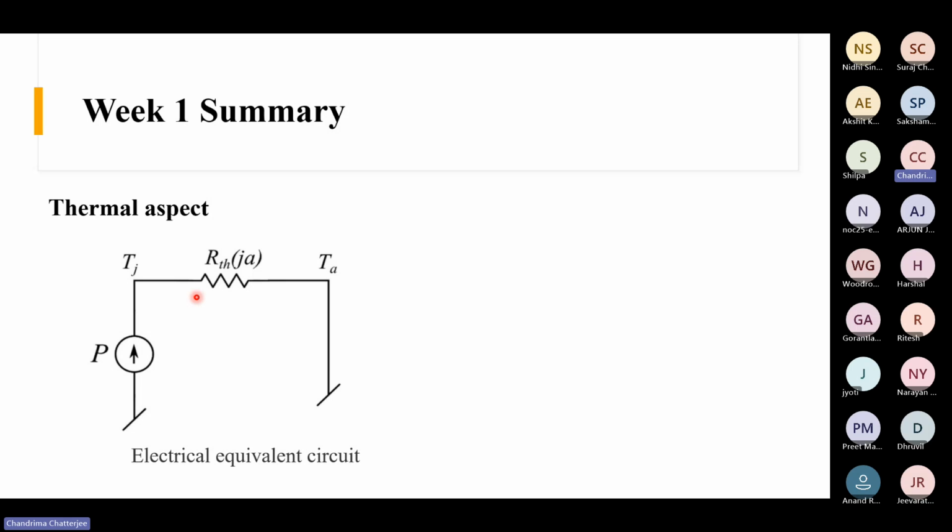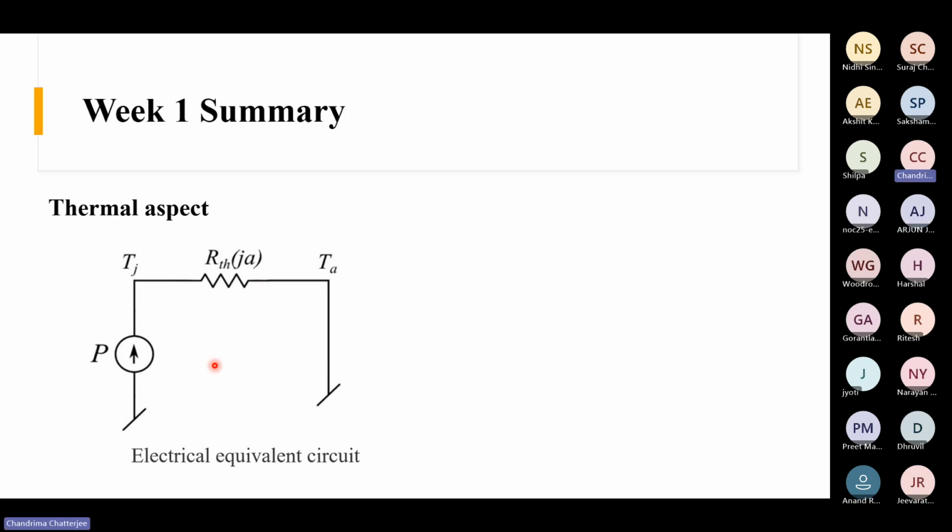That is the job of a heat sink. Whenever you see a practical converter, wherever the devices are there, you will always see some heat sink attached with the device so that it can dissipate the heat, and the device doesn't get heated up.